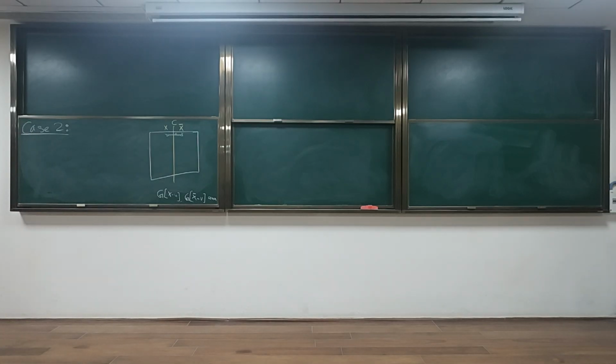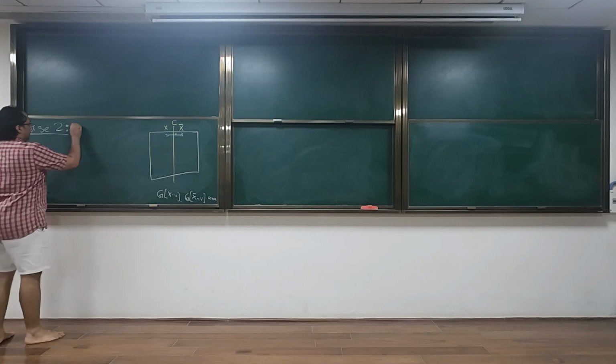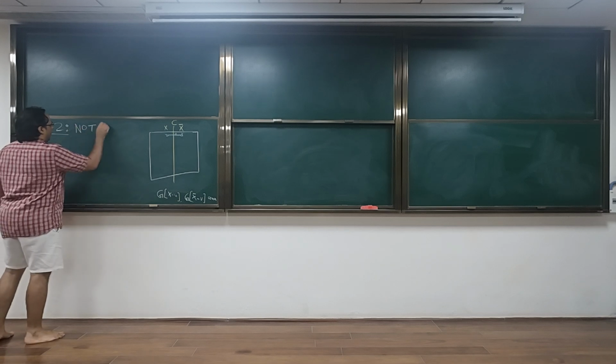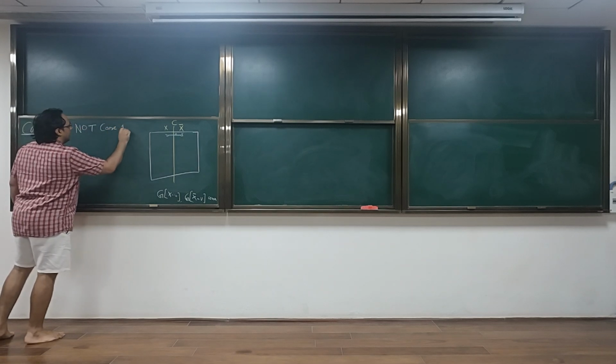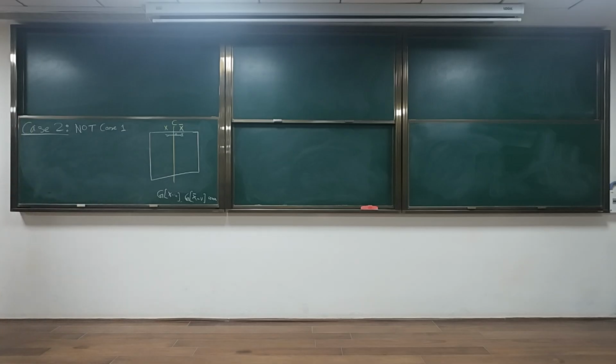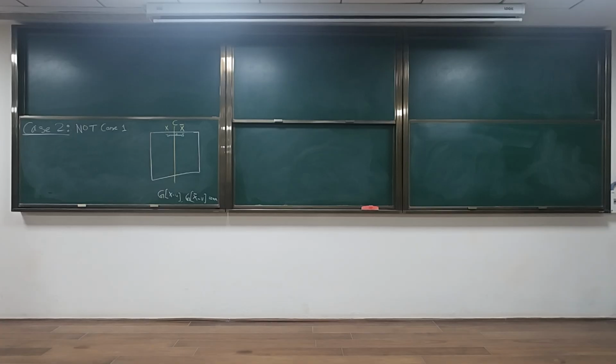I'll just say case 2 is not case 1. Therefore, one of the two vertices has more neighbors on the other side. So I may adjust notation so that u has at least one neighbor in x bar that is not equal to v.